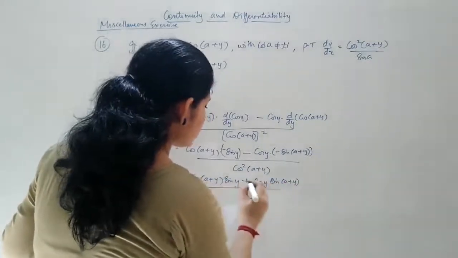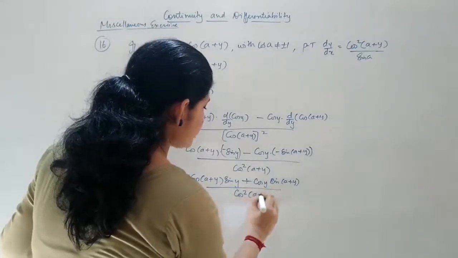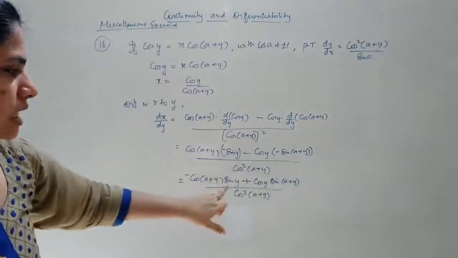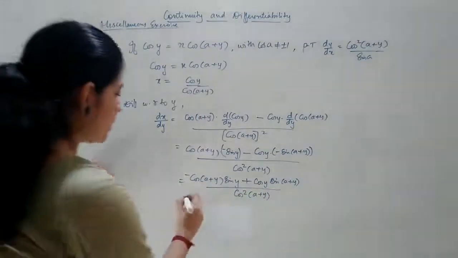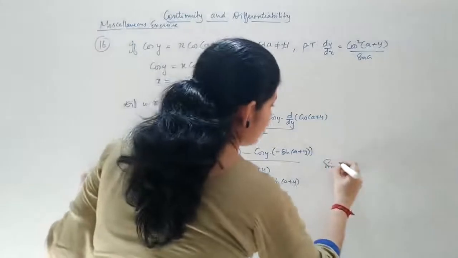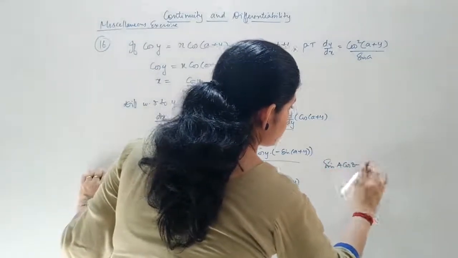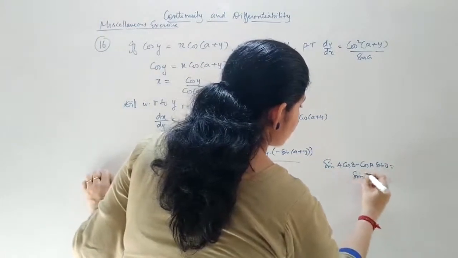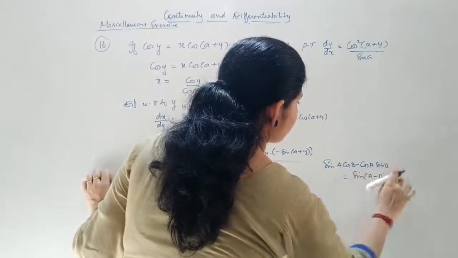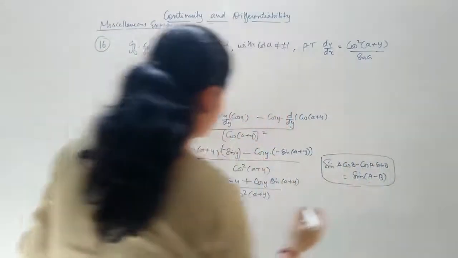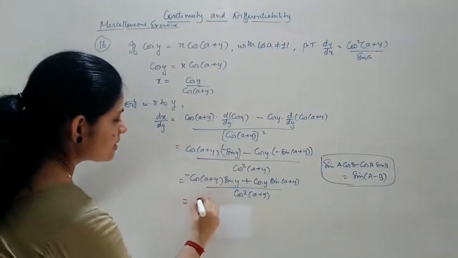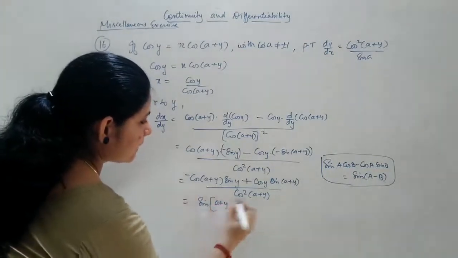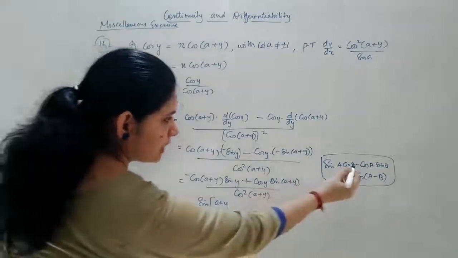So you have to see this as the expansion of something, that is sin A cos B minus cos A sin B, which is equal to sin of A minus B. So using this, we will get the term to be sin of, instead of A you have A plus y, and instead of B you have y.